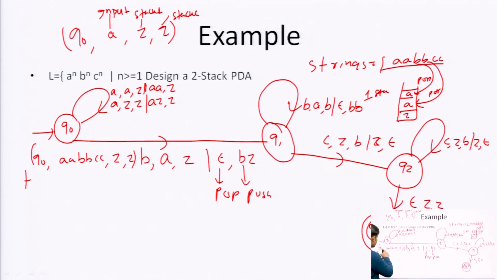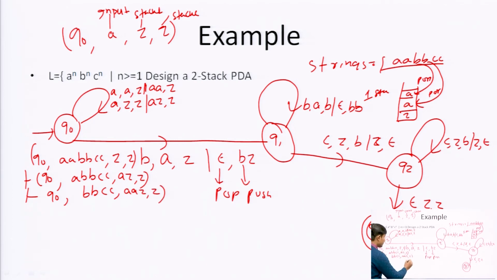At Q0, reading A, A will be pushed into stack 1 and the second stack is empty. Then again A will be pushed into stack 1.